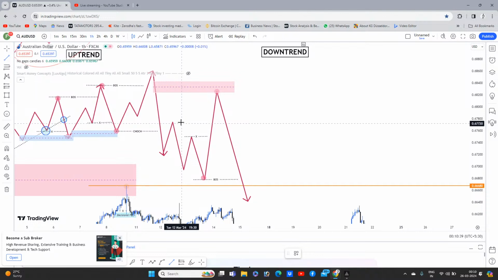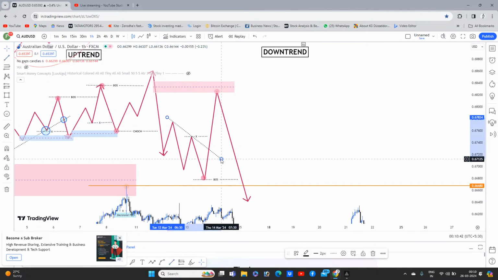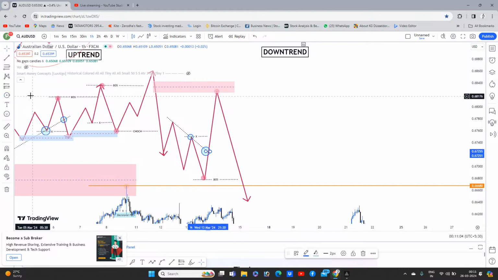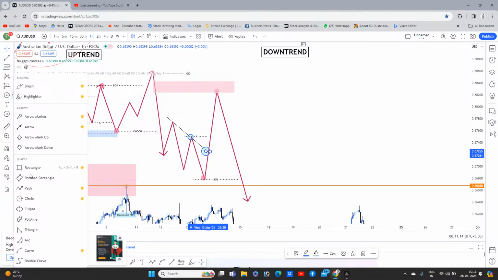And why am I calling this an inducement? Because again the market will be making a trend line, and people will be hoping that the market has broken this trend line. After breaking this last pullback, the market has broken this trend line at this point, so they'll be looking for a buy setup, and they'll be trapped in this very confusing range here.